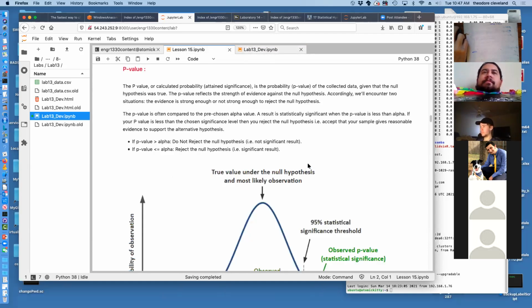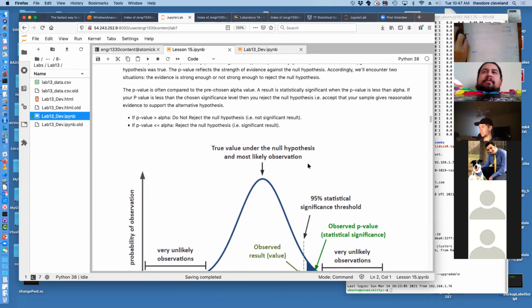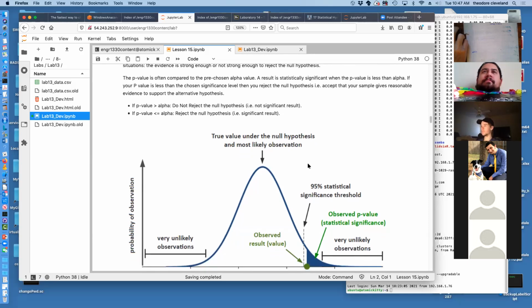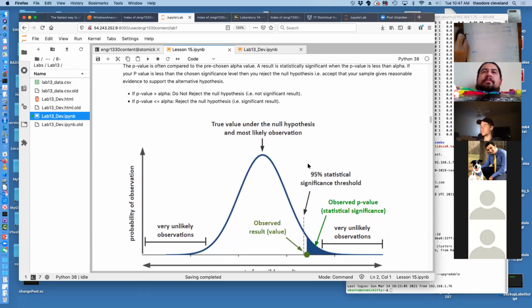So the p-value is often compared to a pre-chosen alpha value. And when that's the case, a result is considered statistically significant when the p-value is less than the alpha value. So if your p-value is less than the chosen significance level, then you reject the null hypothesis, i.e. you are accepting that your sample has given reasonable evidence to support the alternative hypothesis.